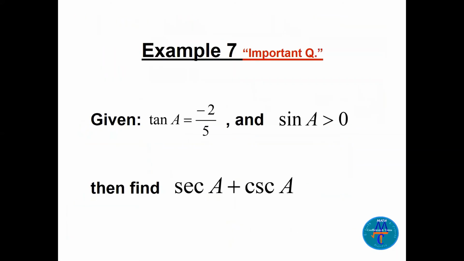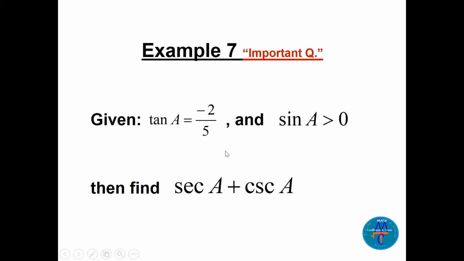Let's see a nice important question. We are given tan of A is minus 2 over 5 and sine of A greater than 0. Let's find secant of A plus cosecant of A. As I have mentioned in other lectures, given the value of any trigonometric function, and a condition to know which quadrant, you can find the other functions.